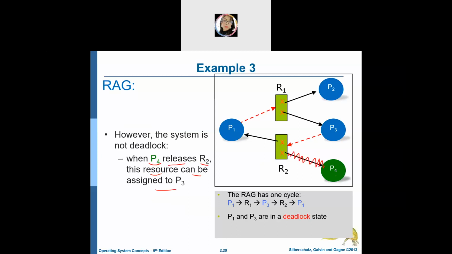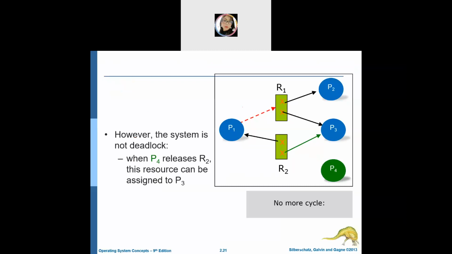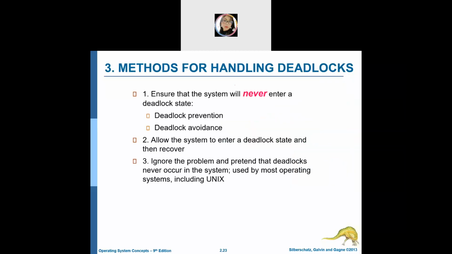If let's say P4 already finished, that means P4 releases this R2. So this instance can be directly owned by P3. So there will be no deadlock and so on. So please try to look back. This one we already discussed. And there are also other possibilities of how you can see when there is no deadlock.